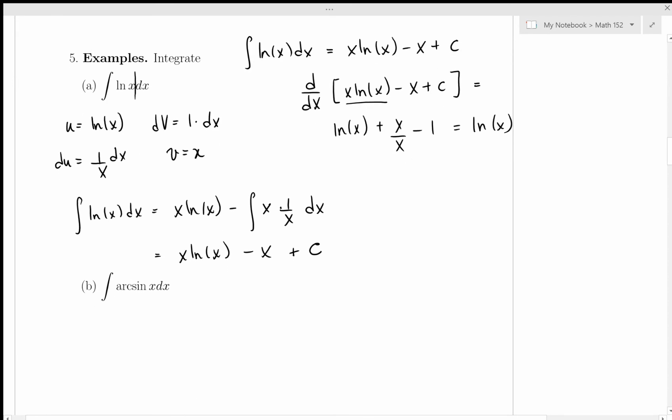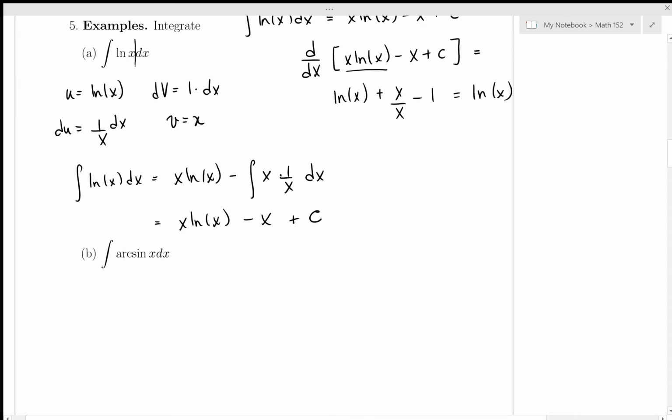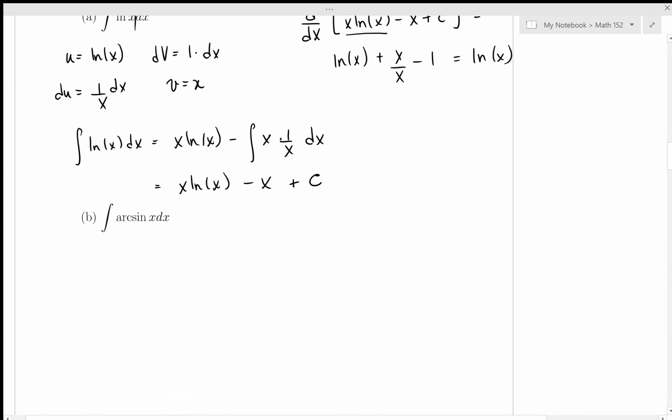We'll do another example that's in fact kind of similar here, and it will also require an additional step. Here it's not clear how to make much progress, but the only possible division is here, and I'm trying to integrate the arc sine, so clearly I have to set u to be the arc sine, because I need to take the derivative of it to simplify things for myself.